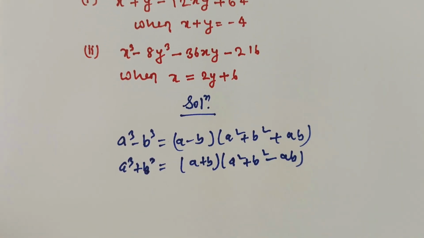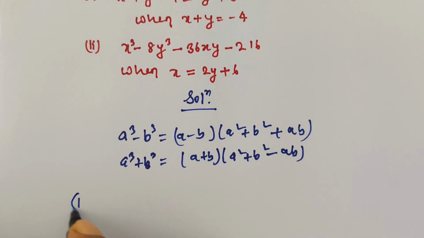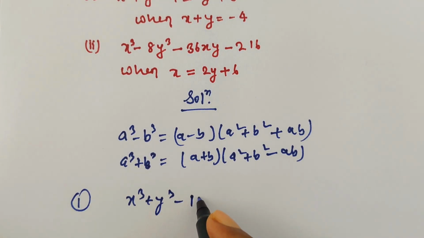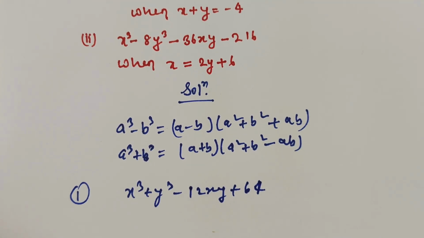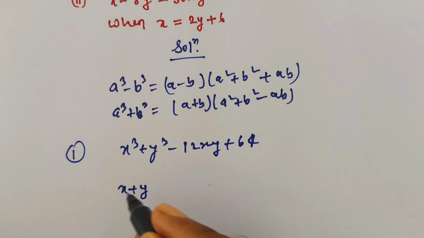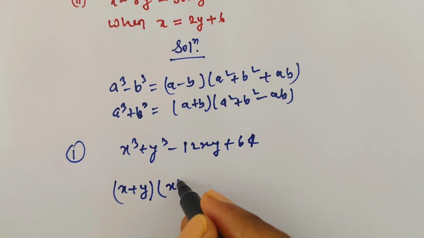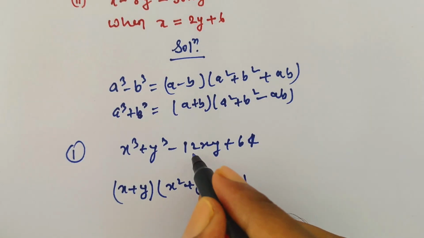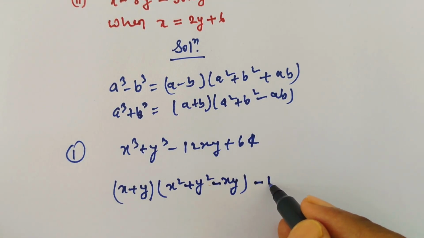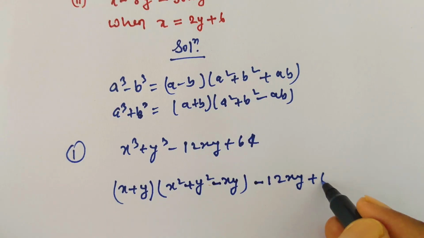So let us start with the first question. It is given x cube plus y cube minus 12xy plus 64. So basically we apply the a cube plus b cube identity. Simply write x plus y into x square plus y square minus xy, and the remaining part you can write as minus 12xy plus 64.